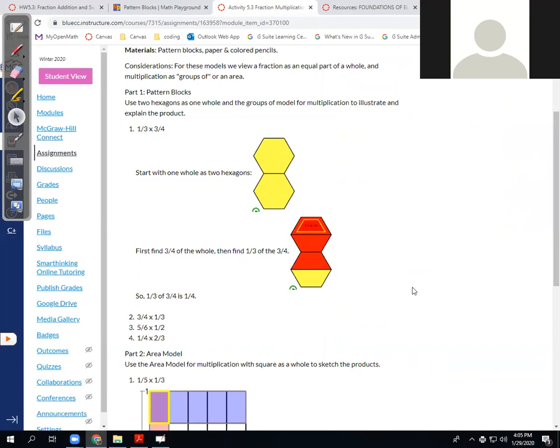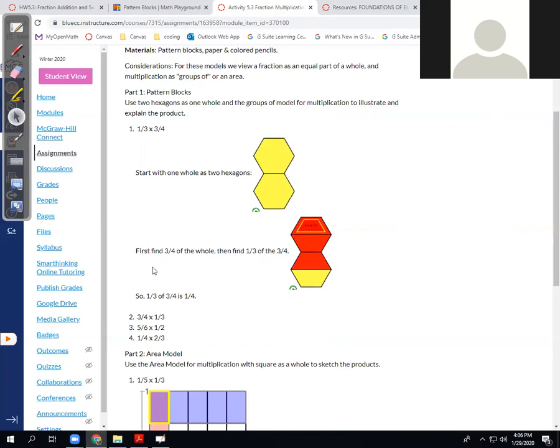And what I want to demonstrate using the groups of model here is what is 1/3 of 3/4. Okay. So at first I state 1/3 times 3/4 up here. And then I start with one whole as 2 hexagons, and I want to find what is 1/3 of 3/4. And to do the groups of, you have to show the second number first.